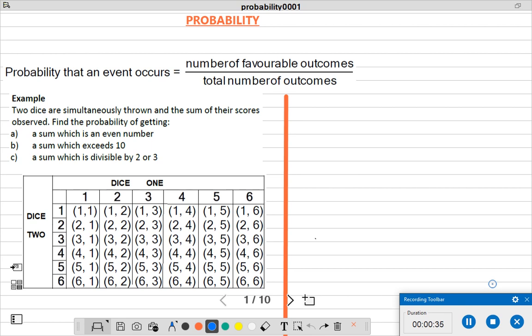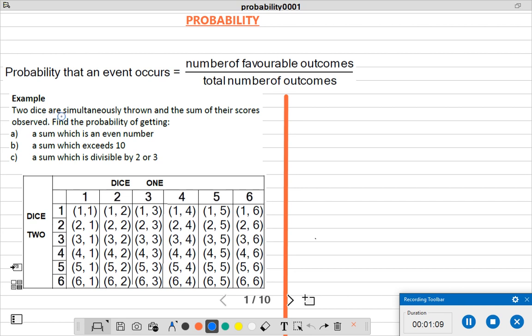For example, if we ask which party will win the 2021 elections in Uganda, is it NRM, is it NUP, is it FDC? So we use probability to answer such questions. And for the probability that an event will occur, we take the number of favorable outcomes divided by the total number of outcomes. We are going to look at this example and understand more about it.